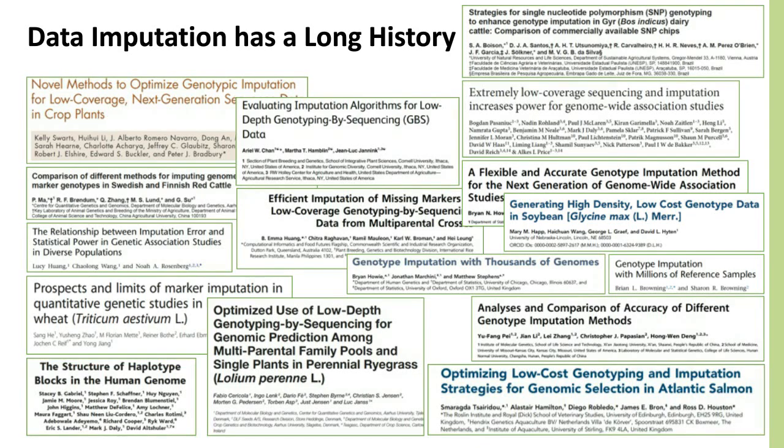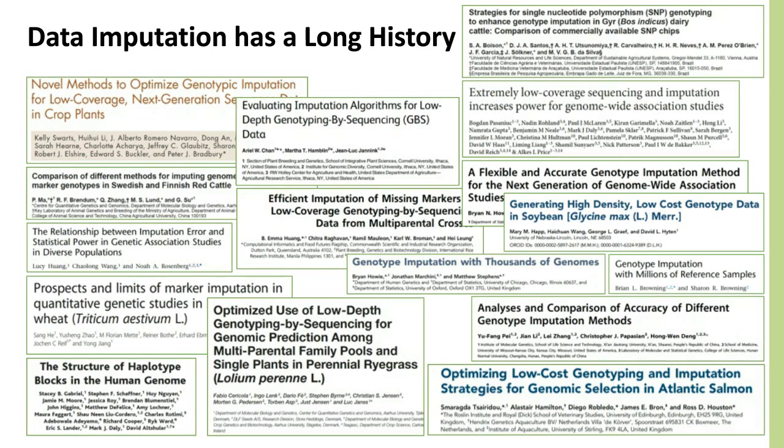Imputation, actually, to some people sounds like just making data up out of thin air. It's not true, although I understand why it sometimes sounds that way. Imputation has a long history, and it's been well used in human genetics and in animal genetics. It is coming to plant genetics relatively slowly, however. This is just a collection of headlines from the scientific literature over the last 20 years.